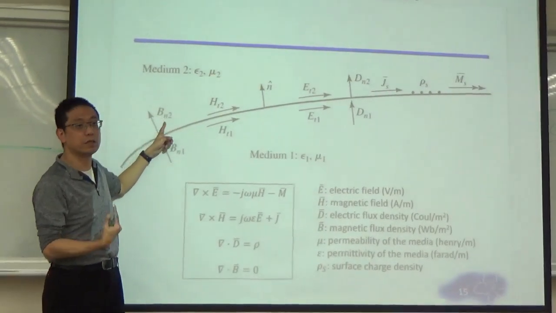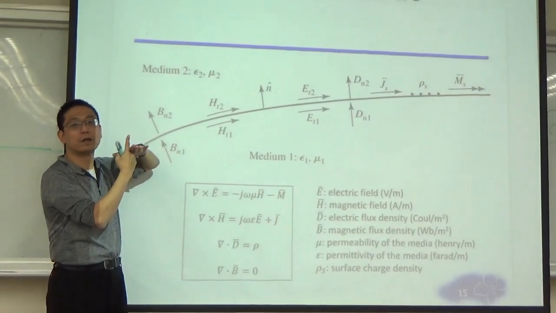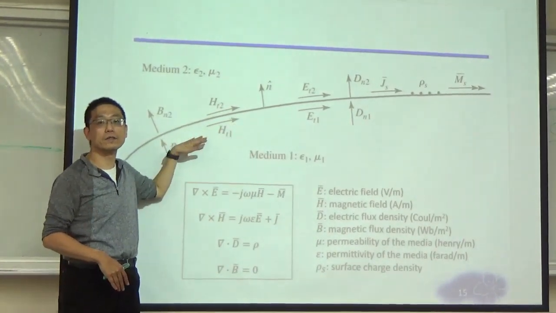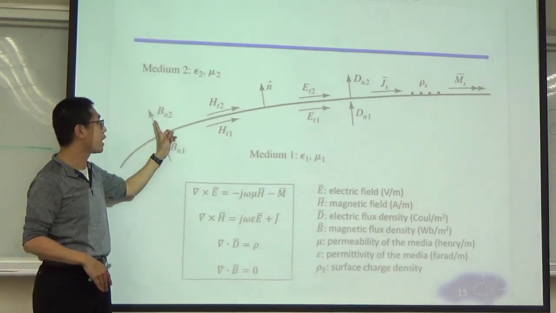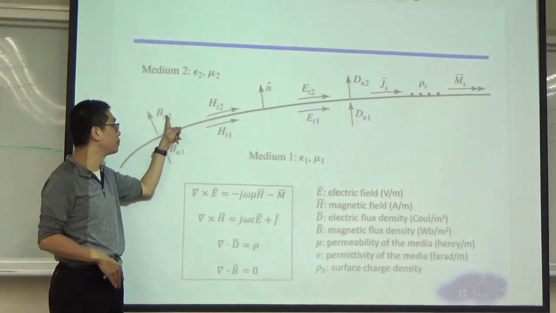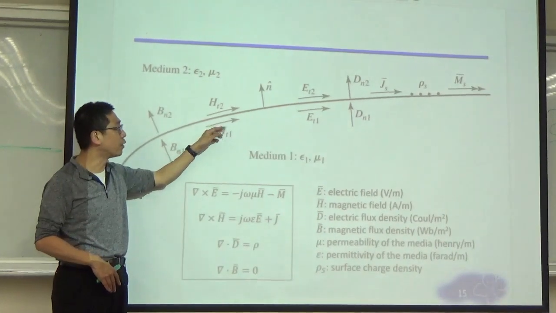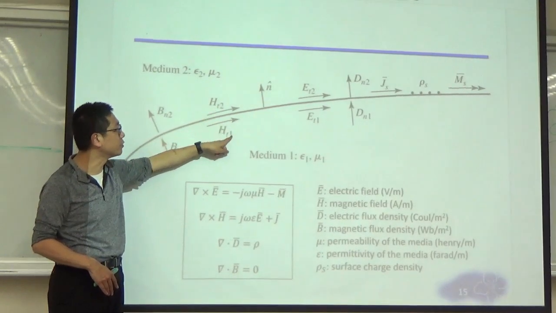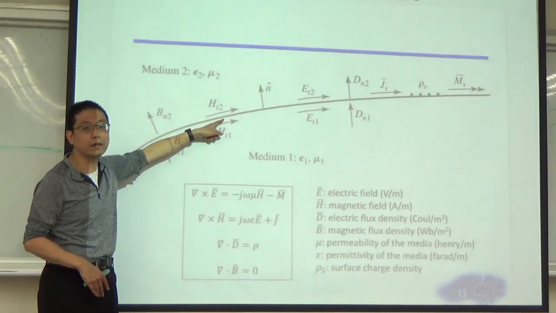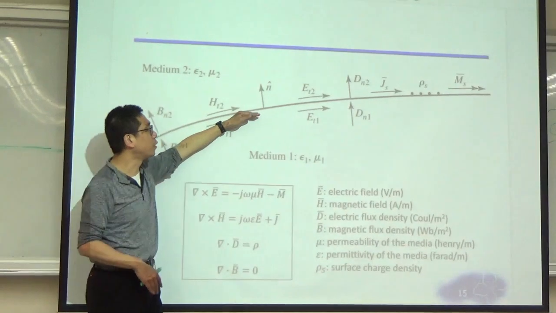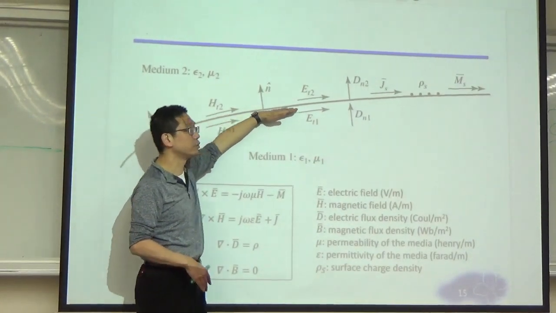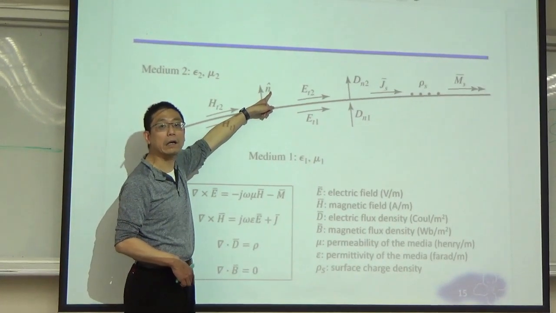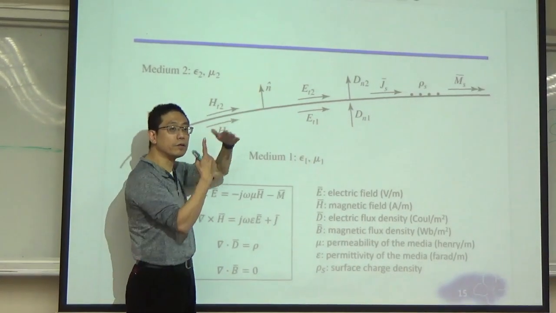Normal means perpendicular, okay? So you consider only the normal direction of B, and you consider only the tangent H field, you will have HT2, HT1. And the direction perpendicular to your surface, you will have the unit vector n perpendicular to the surface.